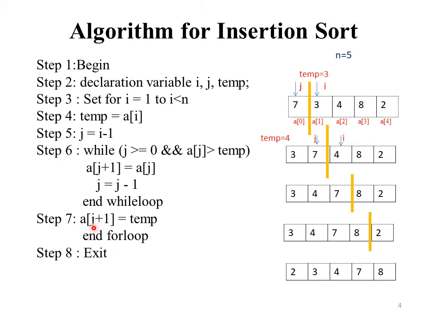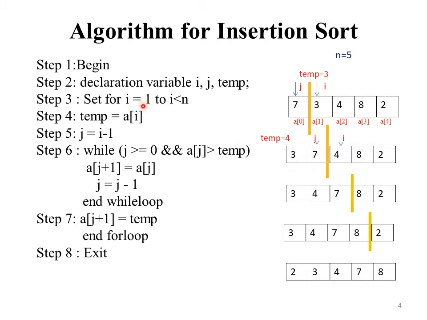Here the value of j is minus 1, so minus 1 plus 1 is 0. So a of 0 is equal to temp. We transfer this value 3 to the 0th location. So after pass 1, 3 is present in the 0th location and 7 is present in the first location. Okay, so repeat this process.